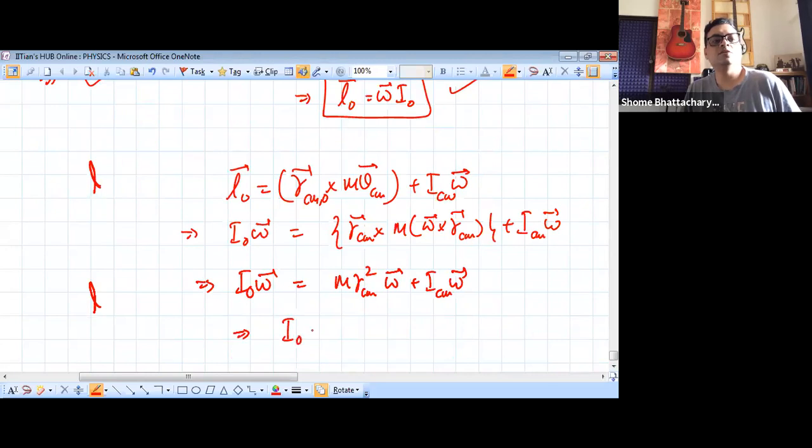So I about some general point becomes I_CM plus M d square, that kind of thing.